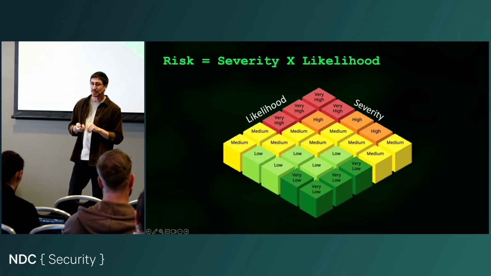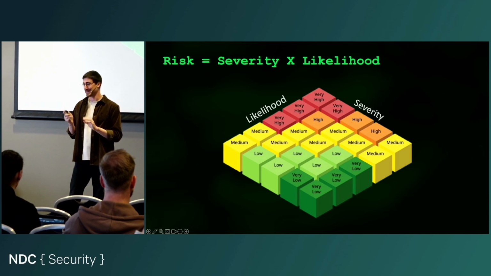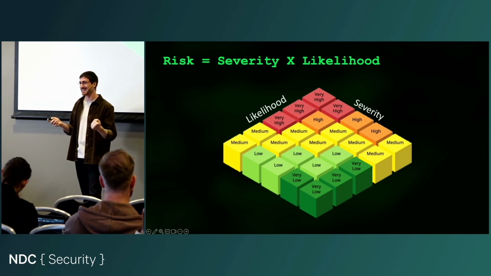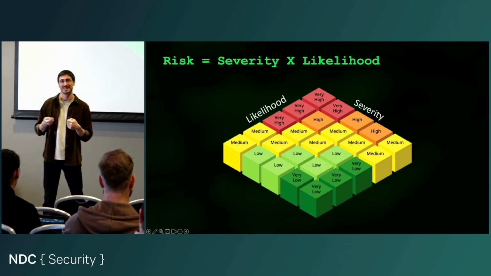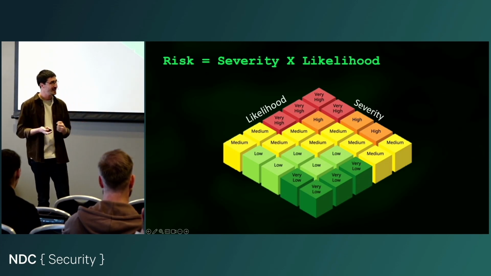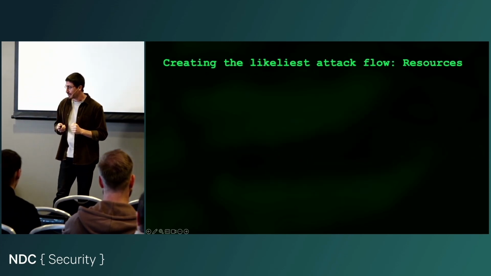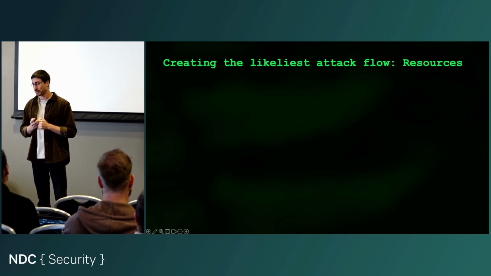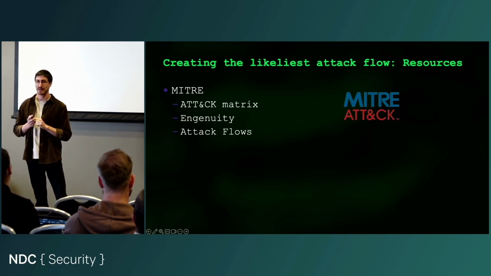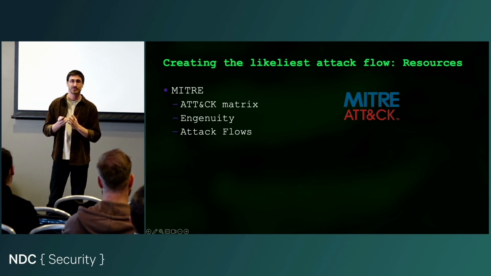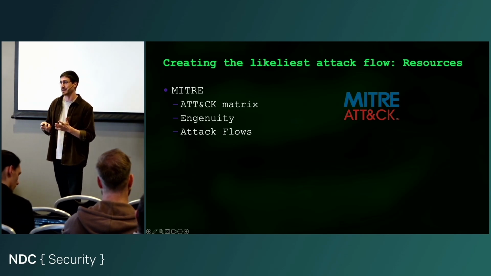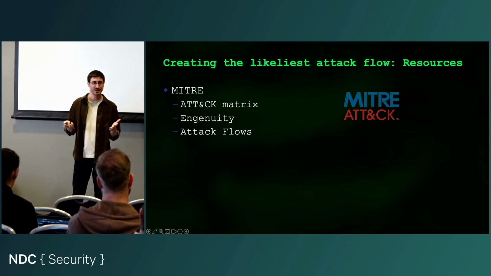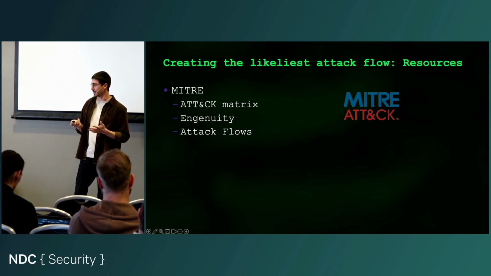So we came up with an archetype for the most common attack, the run-of-the-mill, the average Joe of all attacks. To understand what that most common attack is, we looked at different resources. One of them is MITRE, maybe the most well-known security nonprofit organization.